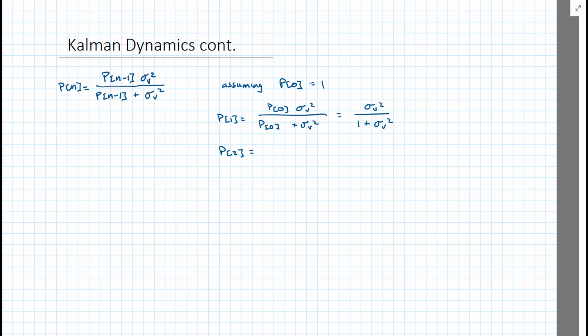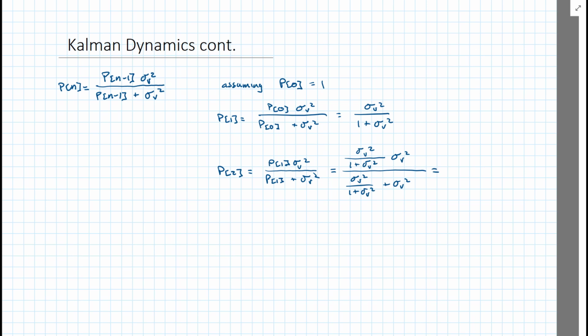Following along, we can do 2. That would be P1 sigma v squared... Wow, we have a lot of sigmas in there.